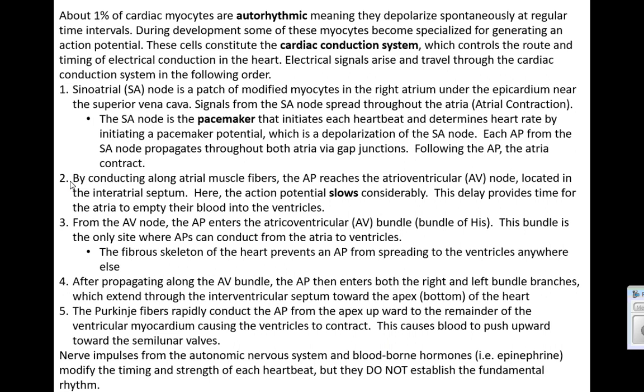If you left the SA node alone, it would establish a heart rate that would never change. But we know our heart rate is definitely subject to change. We've talked quite a bit this semester about fight or flight and rest and digest and hormones like adrenaline or epinephrine.